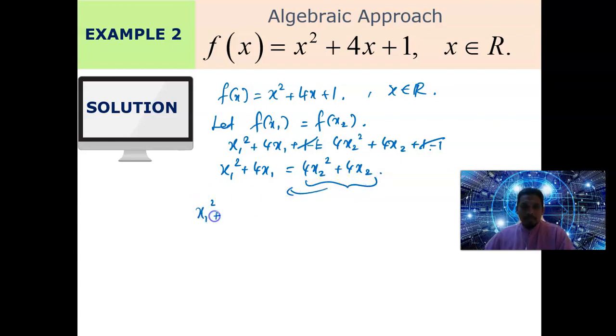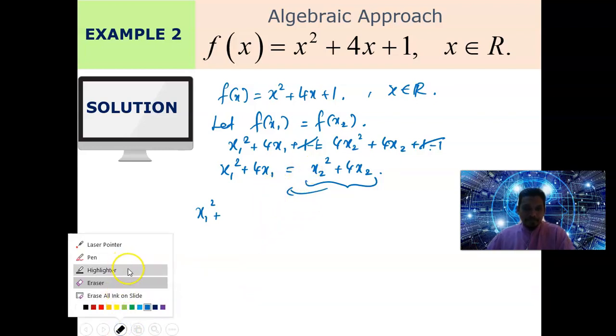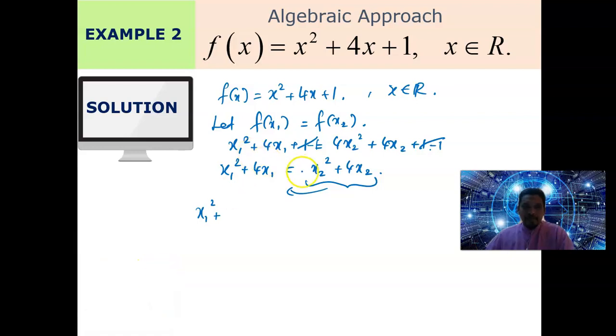Sorry, there's no 4 in here. So bring this to the other side: x1 squared minus x2 squared plus 4x1 minus 4x2 equal to 0.